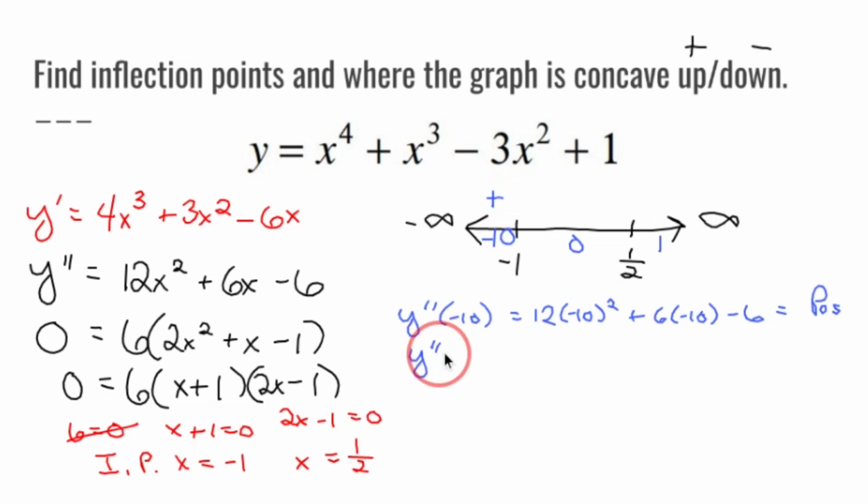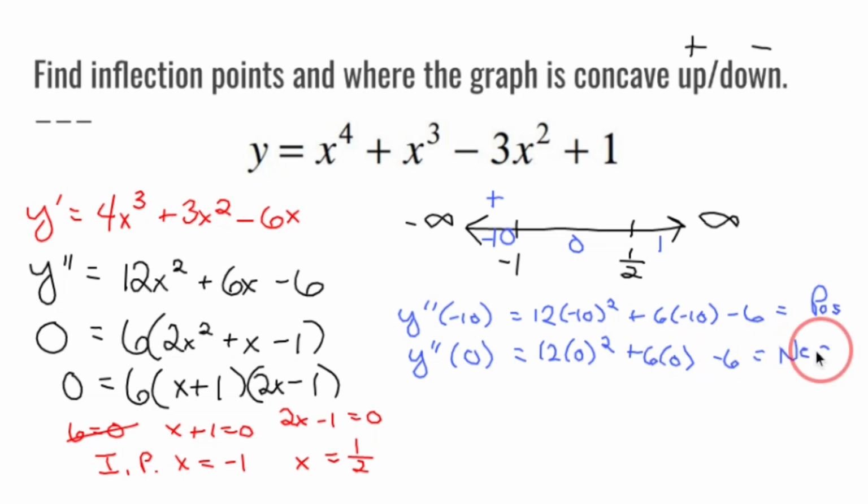Okay, let's plug 0 into our second derivative. 12 times 0 squared, I can handle that. Plus 6 times 0, I can handle that. Minus 6 is 0 plus 0 minus 6, negative. So you're concave down.